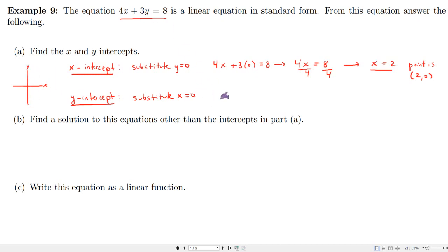So we substitute that in, and we'll have 4 times 0, which gives us 0, plus 3y equals 8. So we have 3y equals 8. Then on both sides we divide by 3, and so we get y is equal to 8/3. And so the point, the y-intercept, is 0, 8/3.